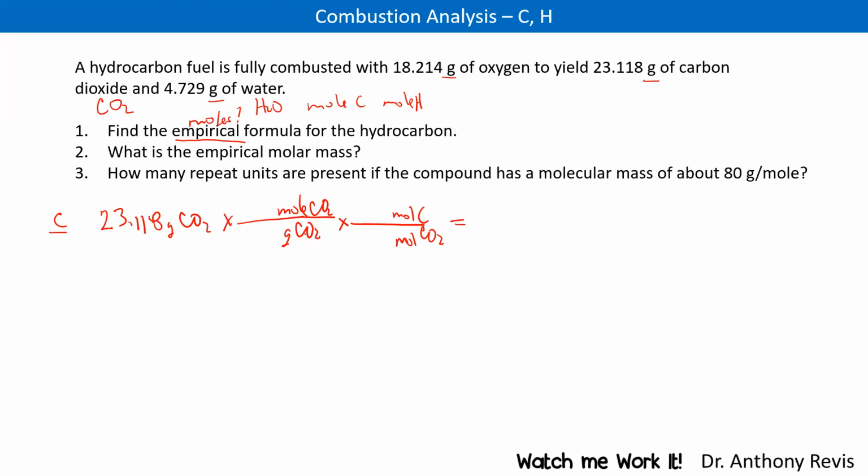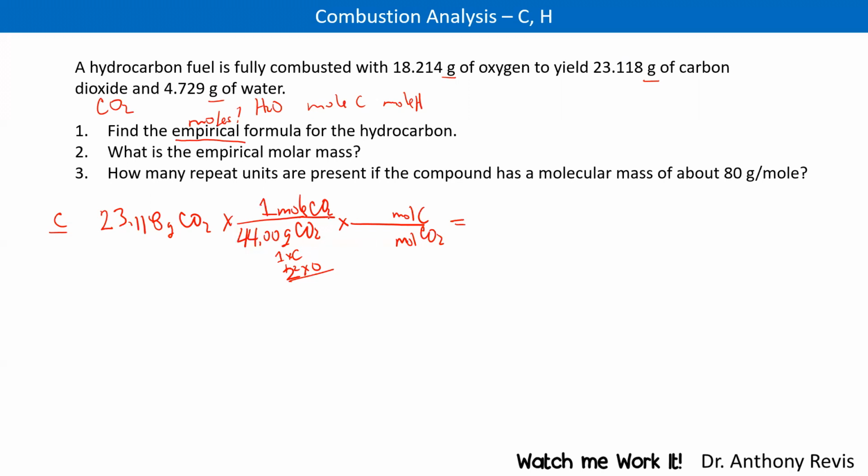We have grams of CO2. The molar mass of CO2 is 44.01. Here, we calculate that from the periodic table: 1 times C and 2 times O to get the molar mass of 44.